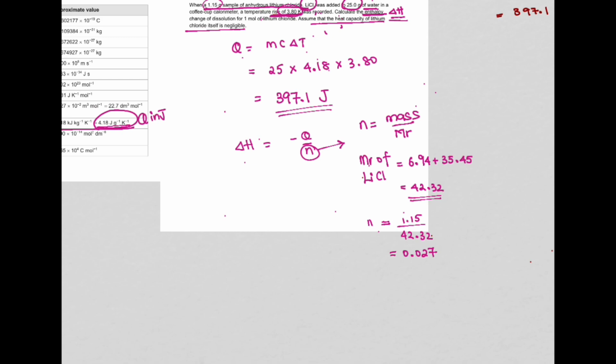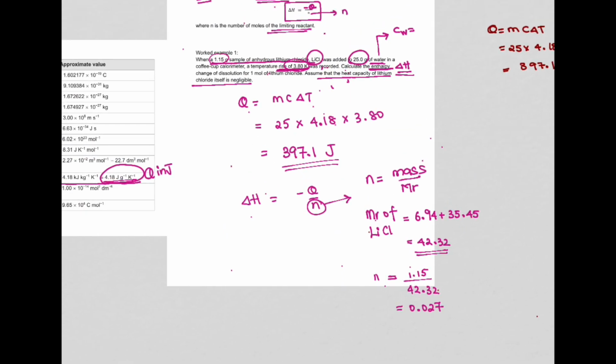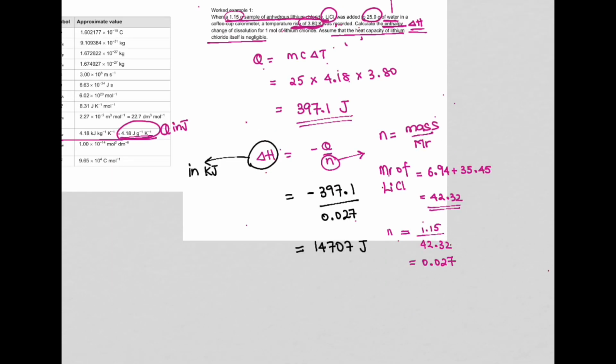Now, you have to know that enthalpy change, delta H, is usually calculated in kilojoules. So this should be in kilojoules. Therefore, I'm going to calculate it in joules and then convert to kilojoules. So it's going to be minus 397.1 divided by number of moles, which I just found. And this is going to give me this value in joules.